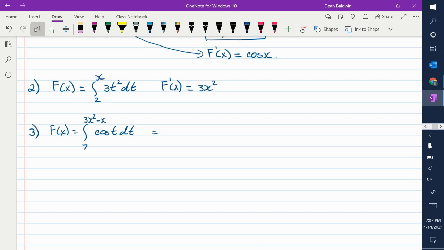What's the antiderivative of cosine? Sine. Evaluated from 7 to 3x squared minus x. Which one goes in first? Top one. So I get sine of 3x squared minus x minus, and you put the bottom one in, sine of 7.